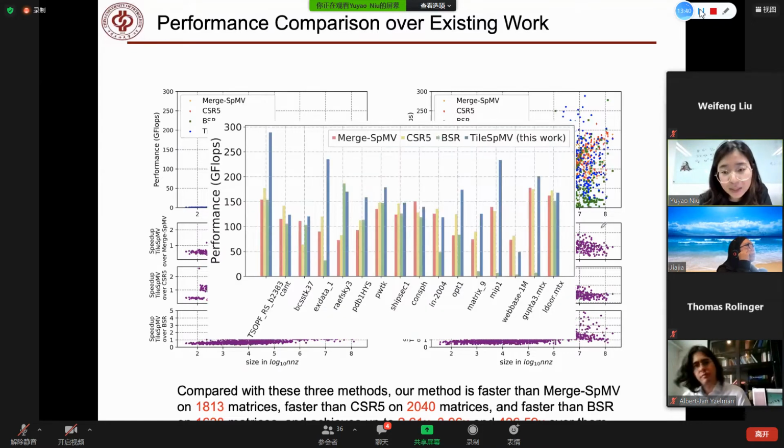It can be seen that our method is very effective on most commonly used matrices.